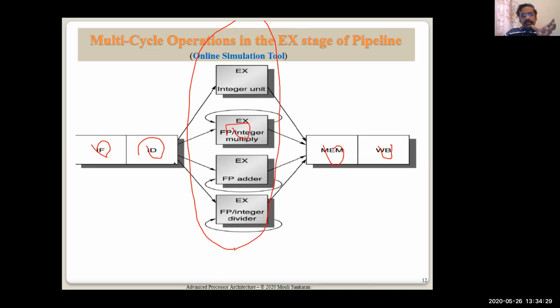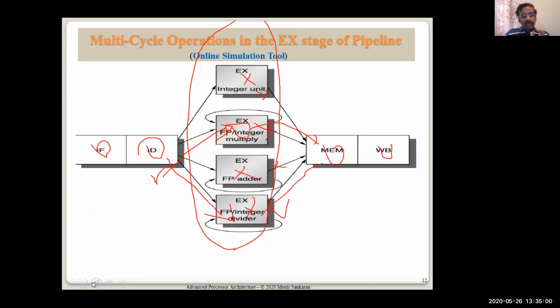Imagine you are getting an integer multiplication here, it will move into this stage. This will be unused. Now the next instruction happens to be an integer divider. Now this guy moves here. Then this will be used, this will be unused. So based on the type of the instruction, one of the modules will be picked up. It will perform the job and give the result.